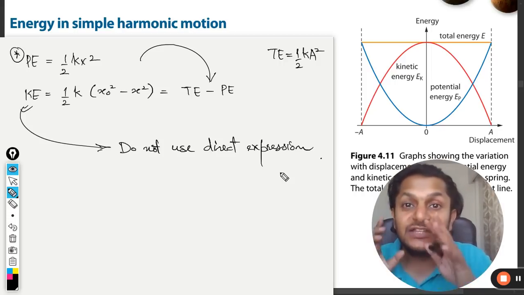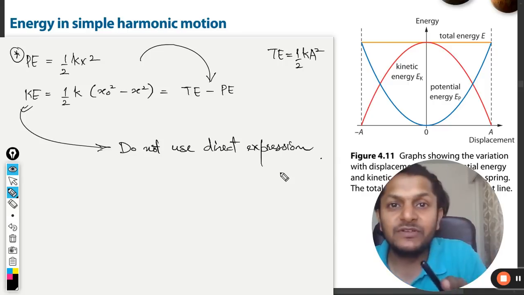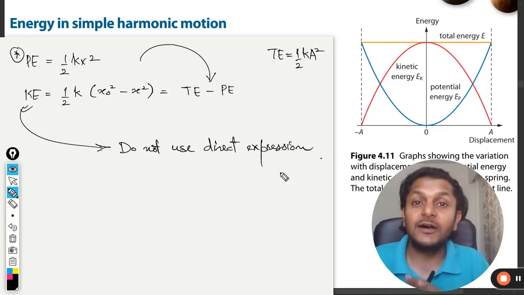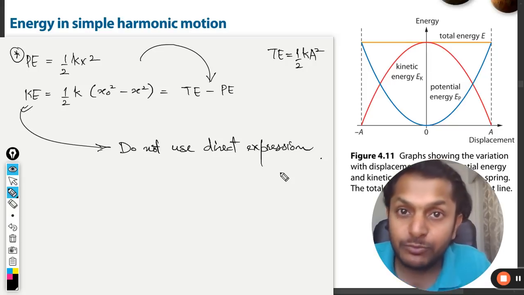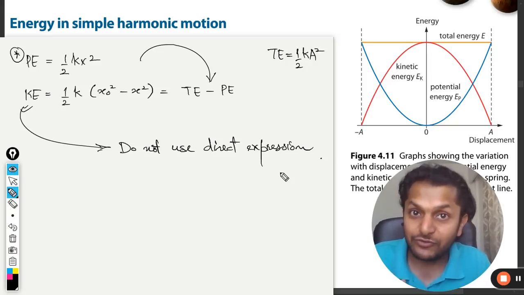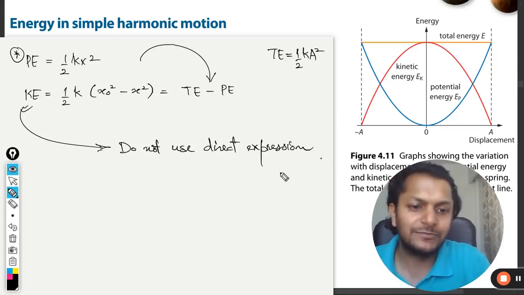So if you are using the formula for the kinetic energy which is given in your data booklet, in the previous syllabus it is given in topic 9, you are definitely going to make some mistake in the calculation, and you are not going to get the correct answer. So do not use that expression which is given in your data booklet.